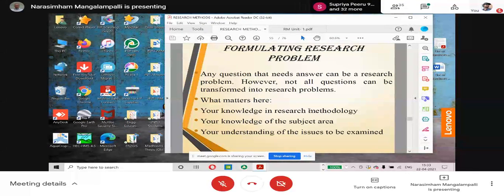And with your basic subject knowledge, you will be able to explain certain features or information that become available during various stages of your research. And you should understand the issue, that means the depth of the problem.